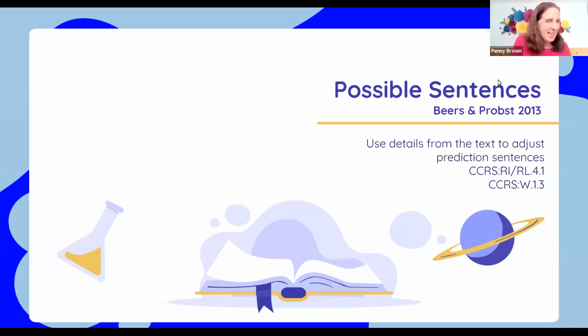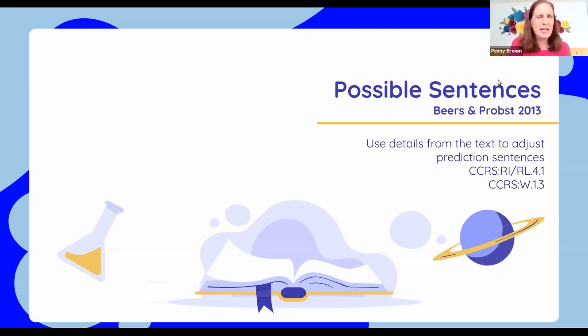That said, the first activity that we're going to jump in today is something called possible sentences. This comes from Bierce and Probst from a 2013 book. I like this activity. It works well for both a pre-reading and a post-reading activity. We select words from a piece of text that we're going to read, and we ask students to create a sentence based on some of those words.